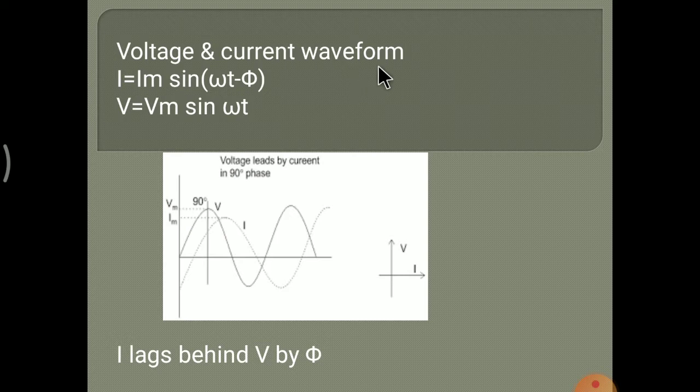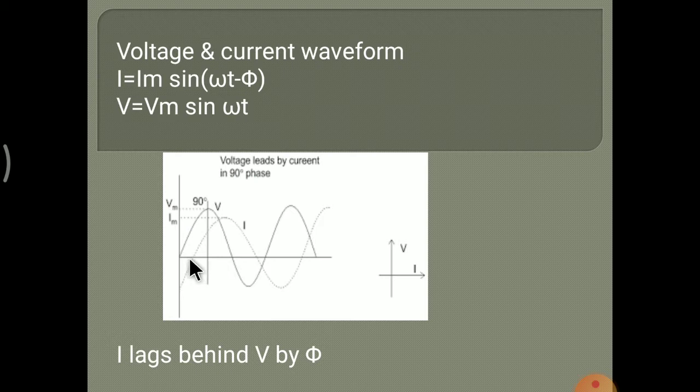This is the voltage and current waveform for the RL parallel circuit. This is the voltage waveform and this is the current waveform. Ideally, the voltage waveform starts from 0. Then the current waveform starts after the voltage waveform by an angle phi.